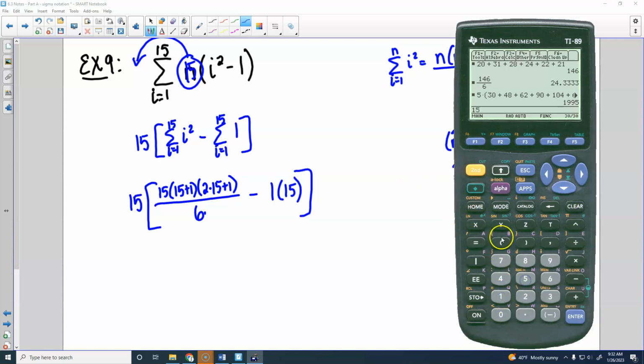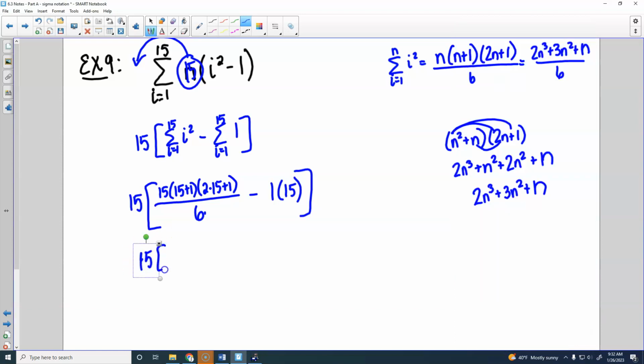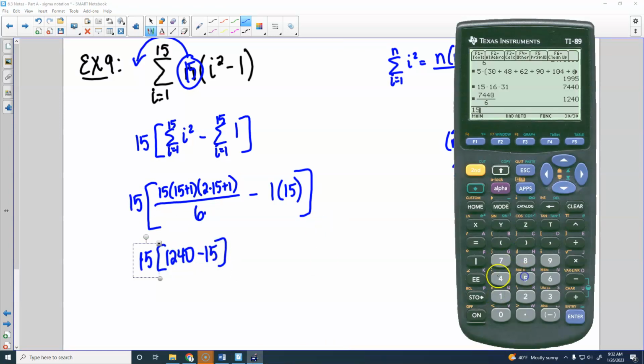So 15 times 16 times 31 divided by 6, we're going to get 1240, so 15 times 1240 minus 15. You can put the whole thing in at one time if you want. I get worried with my parentheses, so I do it piece by piece a lot of times. And we get 18,375.